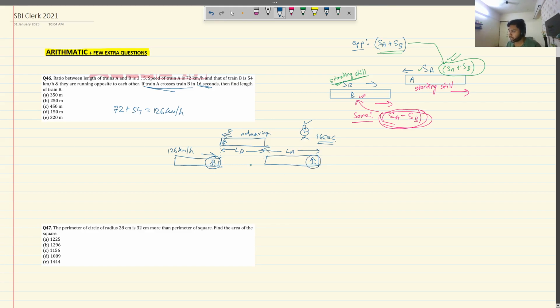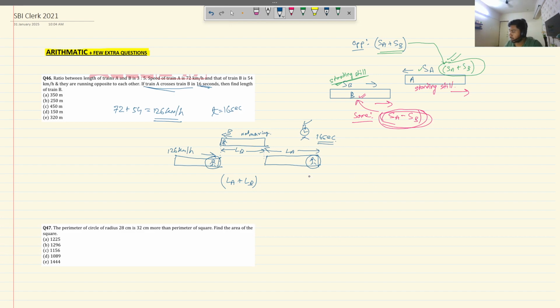In 16 seconds the driver has covered a total distance of length A plus length B, with this speed in time t equal to 16 seconds.